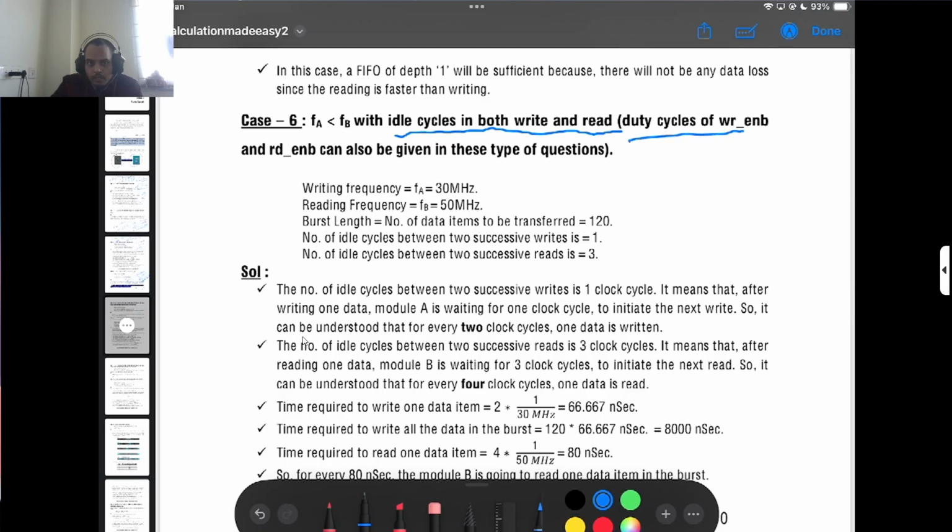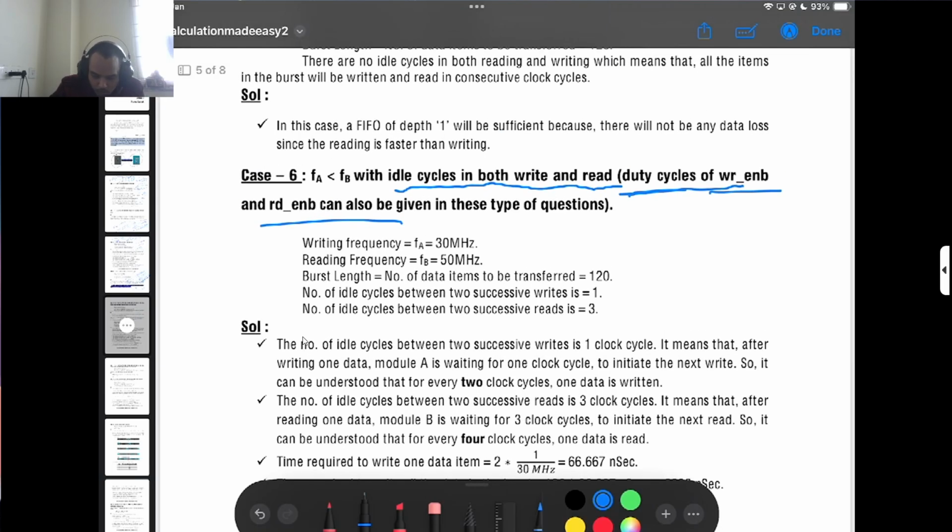The duty cycle of write enable and read enable can also be given in this type of question. Here is the main twist of this question, the duty cycle of write enable and read enable, which makes the difference. Let's go through the question.